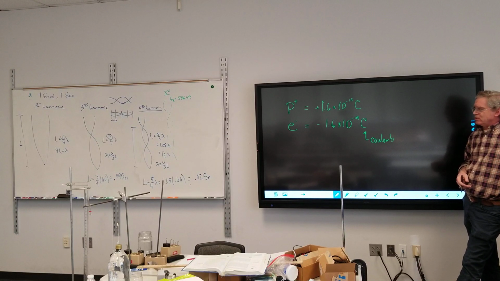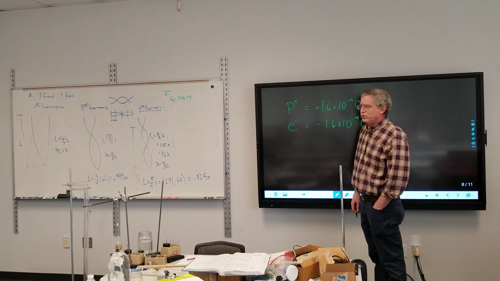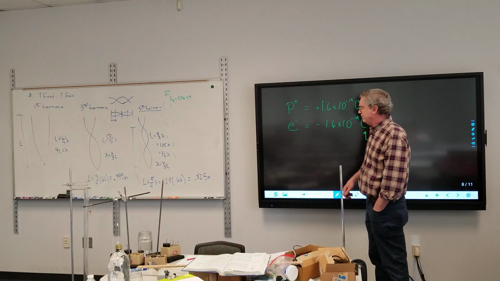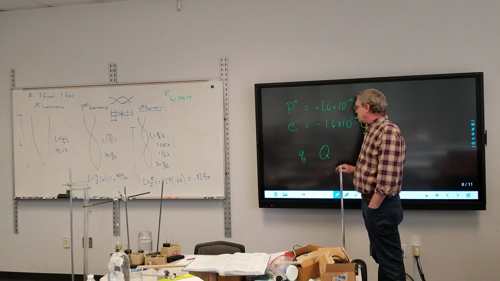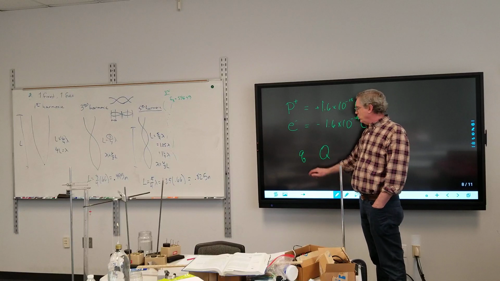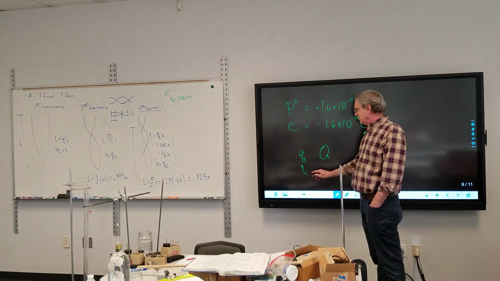And the symbol for charge, as you would expect, is the letter Q. Yet one more Q because we've run out. So you might see sometimes little q, sometimes big Q. Here's a 95% rule. If you're talking about a small particle, little q.